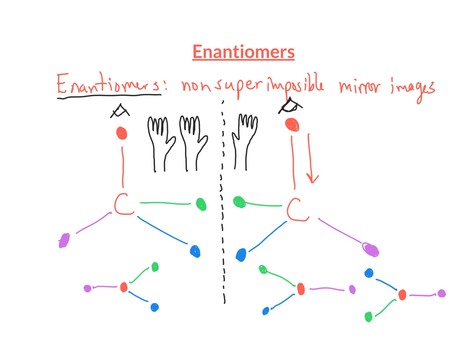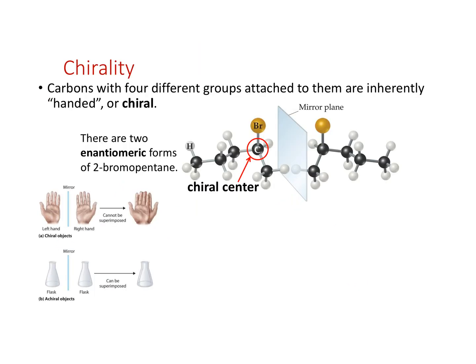So thinking about the importance of enantiomers, your left hand only fits in a left glove. It does not fit in a right glove. That's the importance of enantiomers. They have a different 3-dimensional shape, and that 3-dimensional shape is important to how drugs interact with your body, because you have 3-dimensional receptors in your body that are going to bind one 3-dimensional shape of a drug and the other 3-dimensional shape of that drug, the enantiomer, the right-handed version of that drug, will have no impact, or it may not bind the same receptor.